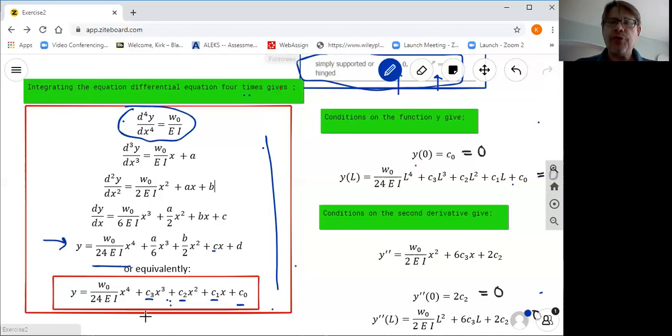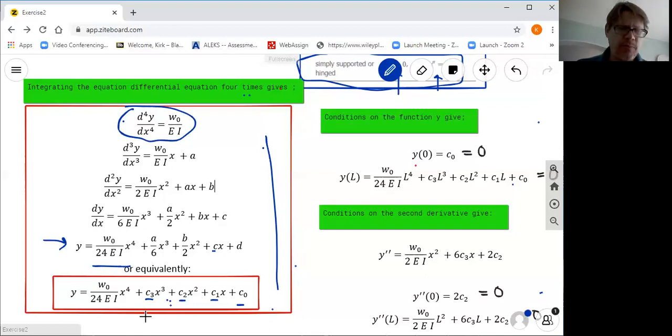Now, that fourth order polynomial has four unknown constants, C0, C1, C2, and C3, that are the coefficients of the constant term up through the third power term. The fourth power term, x to the fourth, we know exactly what its coefficient is at the beginning. But what are the values of the other four constants?